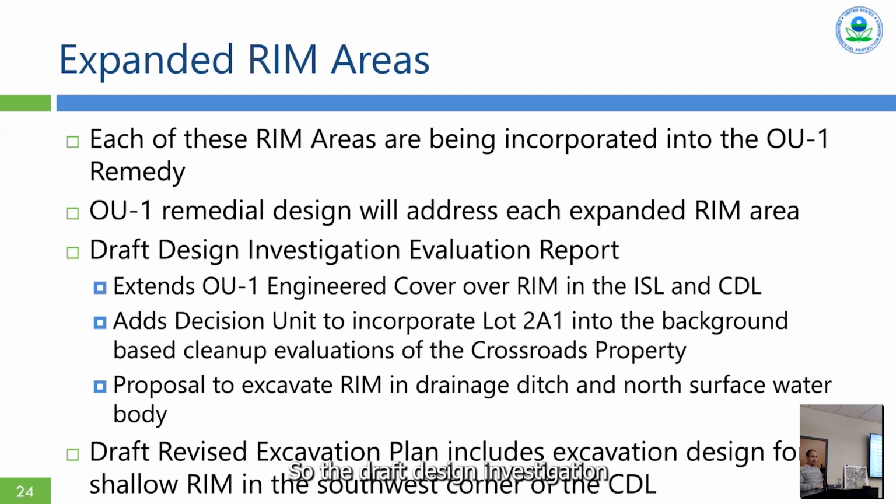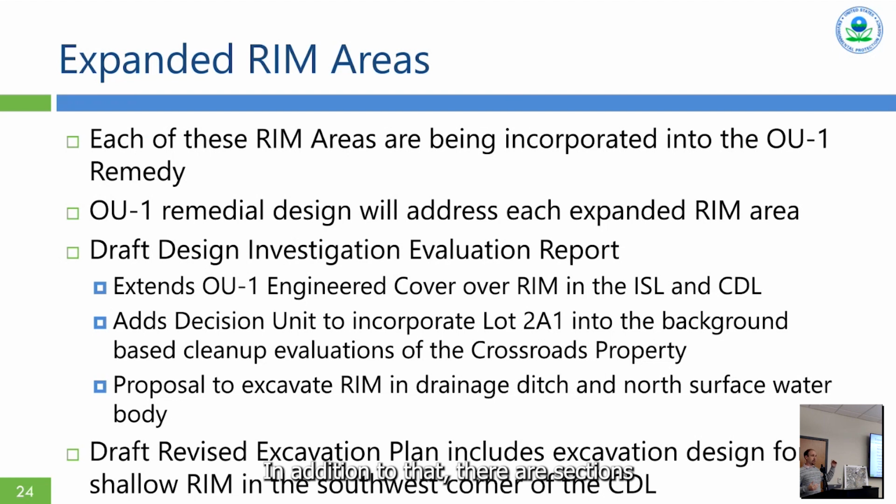So the draft design investigation evaluation report, that was the main document that we came in May to talk about the data. Also in that document are descriptions of where the PRPs at this point have proposed to put an engineered cover. There are maps in that report that show that engineered cover going down over the RIM in the ISL and the CDL.